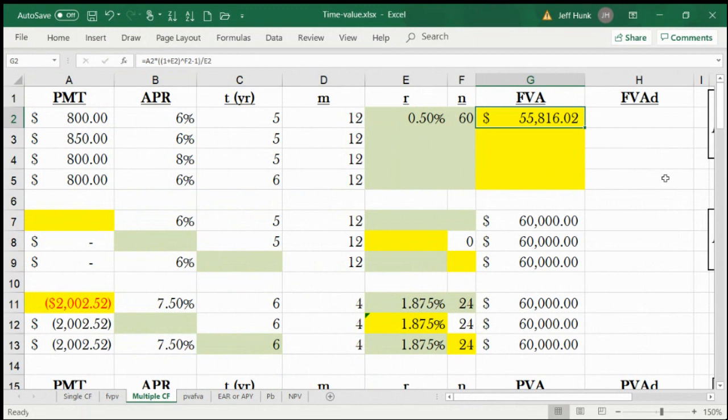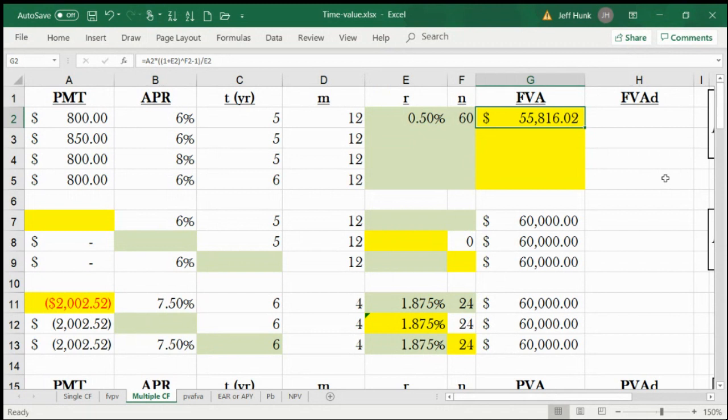Why? What was our question? Our question was, you want to go to graduate school in 5 years, and it will cost $60,000 to pay for your graduate school for 2 years.